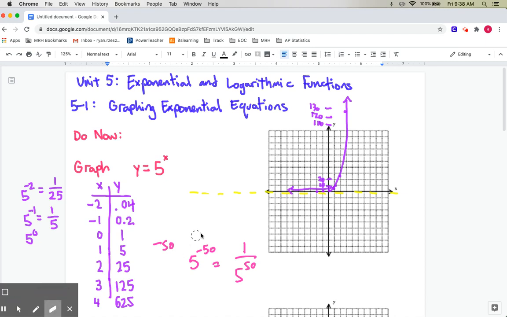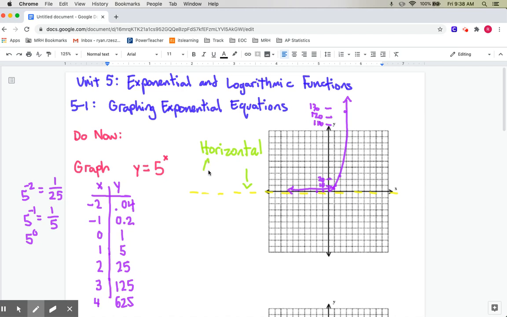This concept of going flat at a number, but not actually reaching the number, because we're never actually going to equal a 0, it just basically rounds to 0, is called a horizontal asymptote, which is a really strange vocab word.